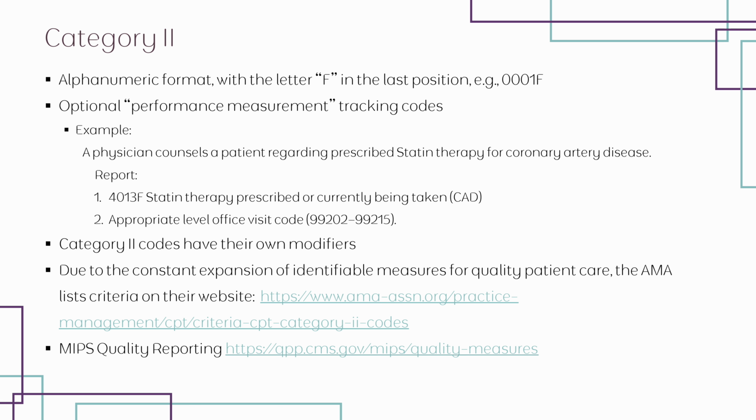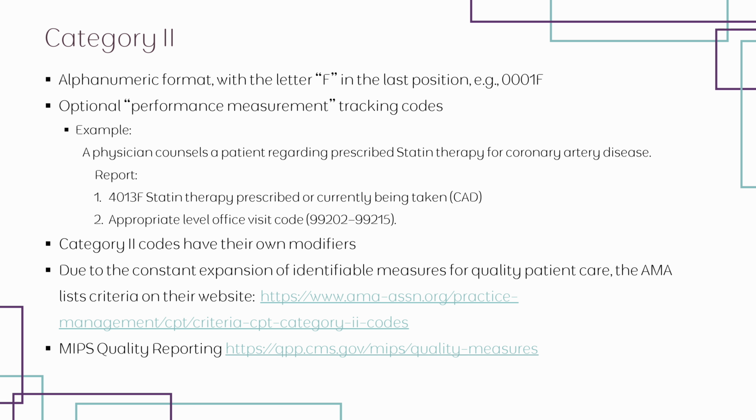It's important to remember that you would still need to report the appropriate evaluation and management code for this visit alongside the Category 2 code, again, as your Category 2 codes are not standalone, but they are supplemental to your standard coding.